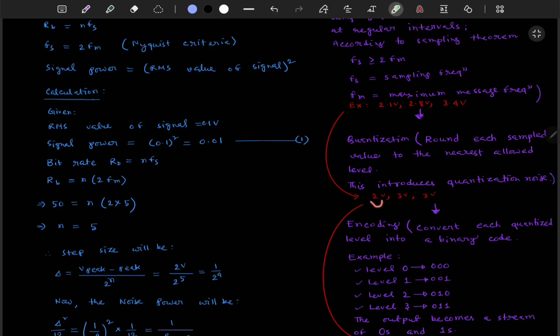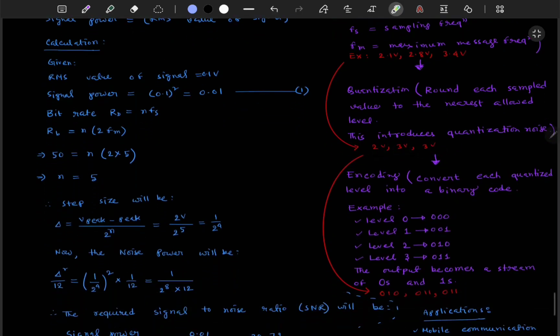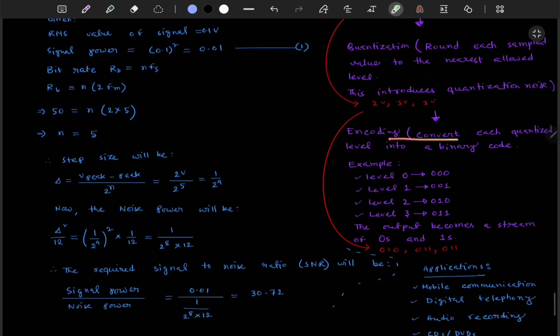Now we round them to the nearest values: it becomes 2, it becomes 3, it becomes 3. Now encoding converts each quantized level into a binary code. So the output becomes a sequence: first 2, then 3, then 3, and so on.